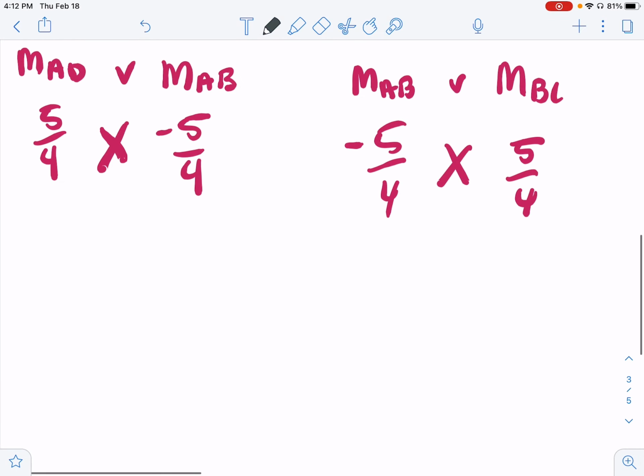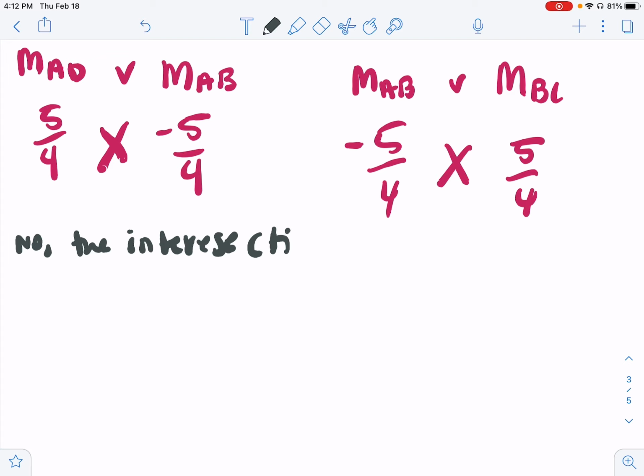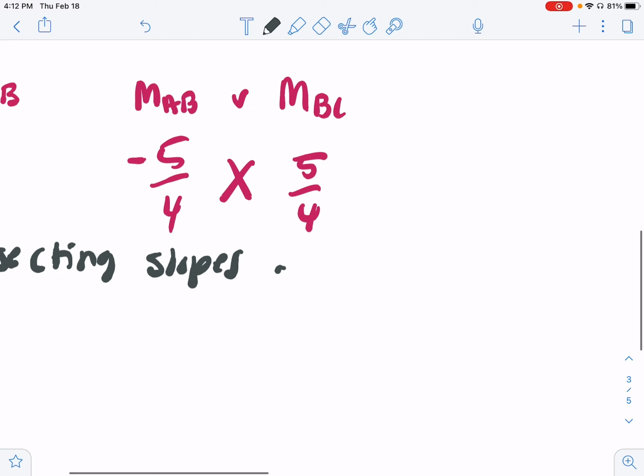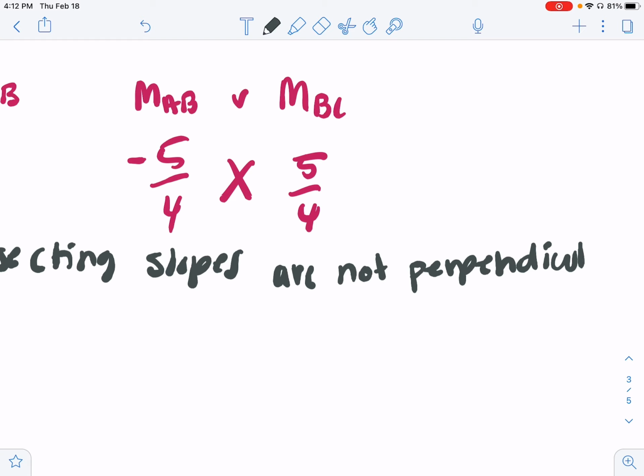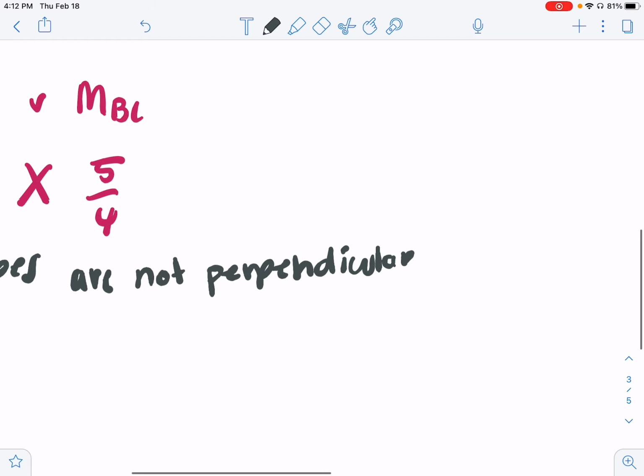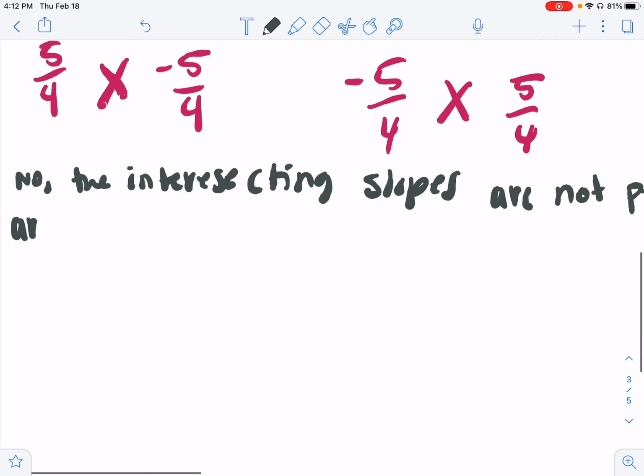So my statement would be here, no, the intersecting slopes are not perpendicular. So the angles are not 90 degrees.